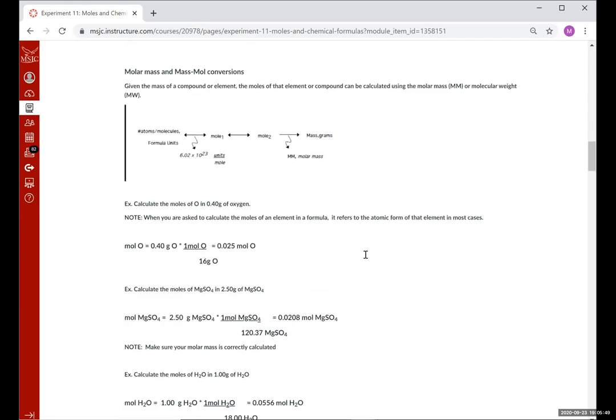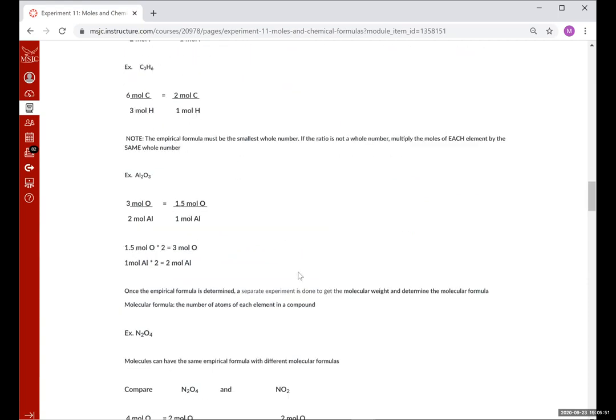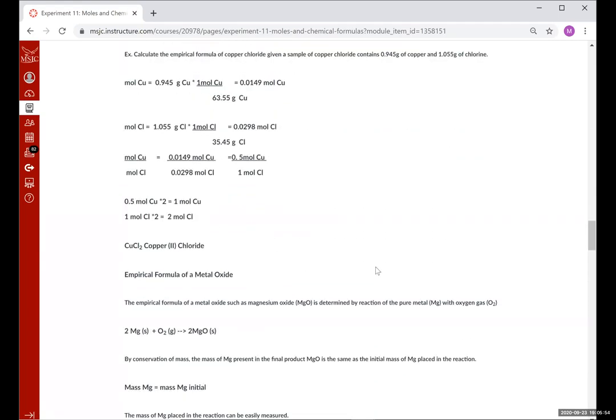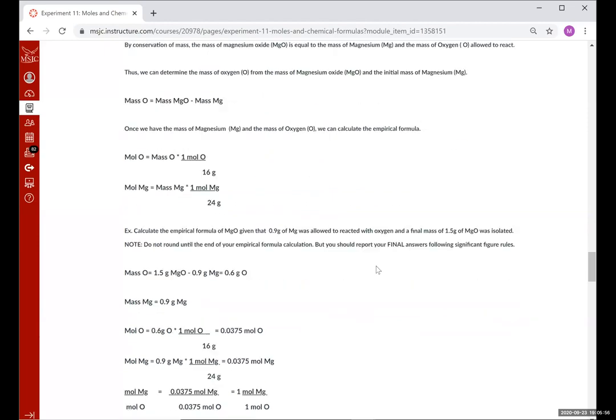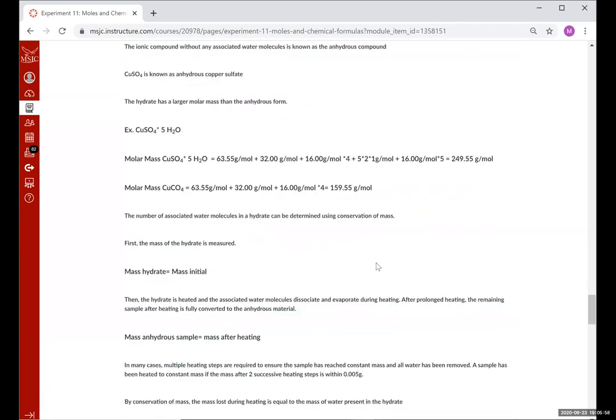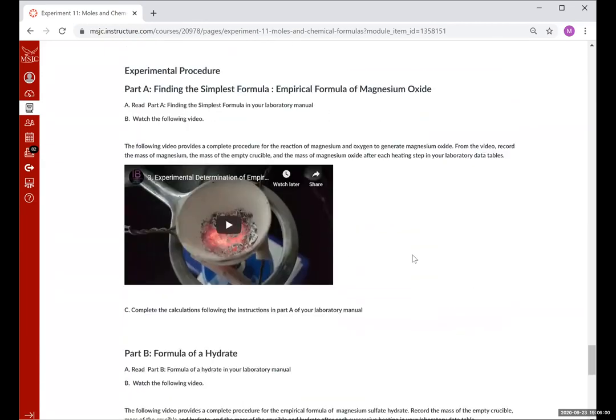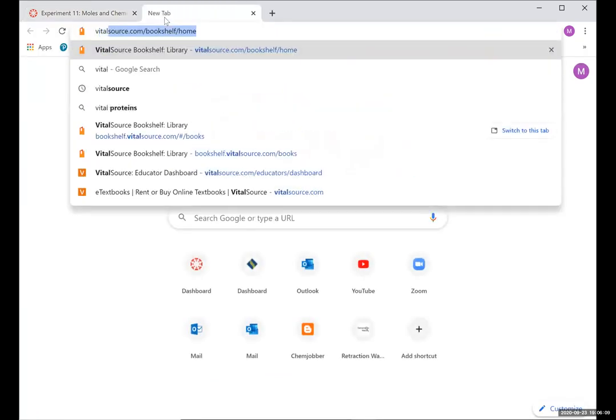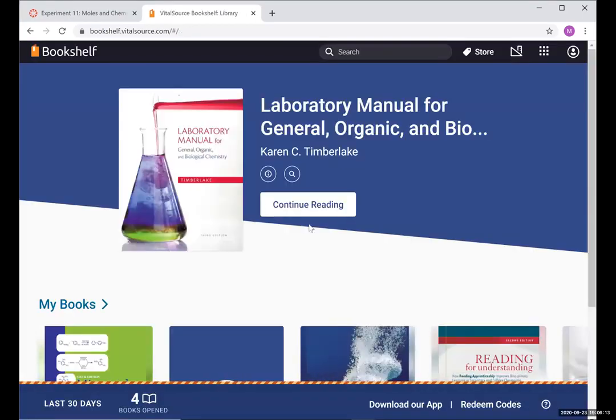Okay, so the theory behind this lab is written in the introduction section. In terms of what we are actually doing, in today's laboratory, the first part, which is part A of our lab, which is experiment 11, just to show you what this would look like in your lab manual.